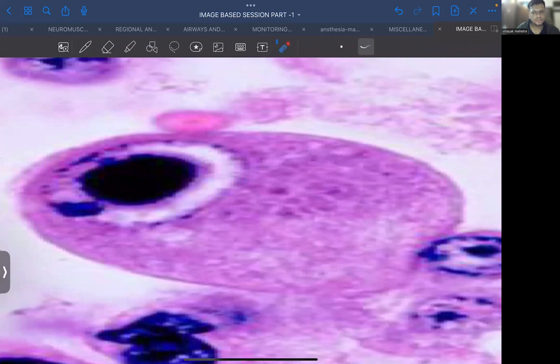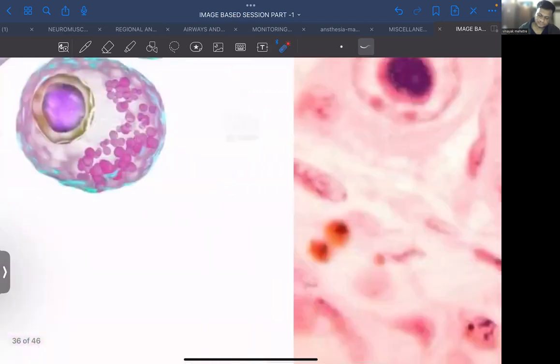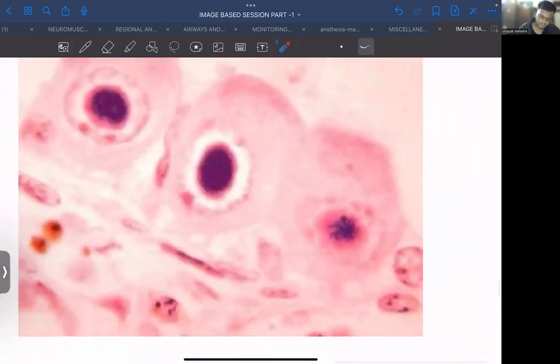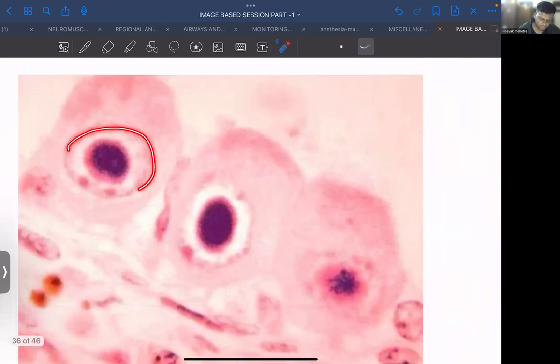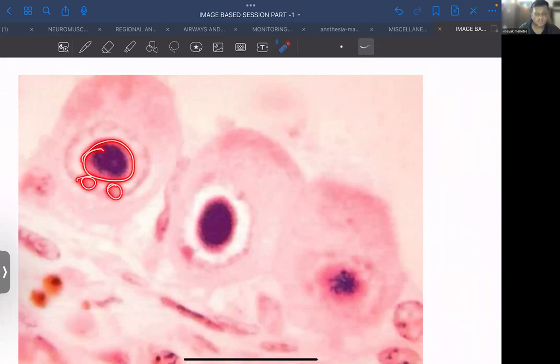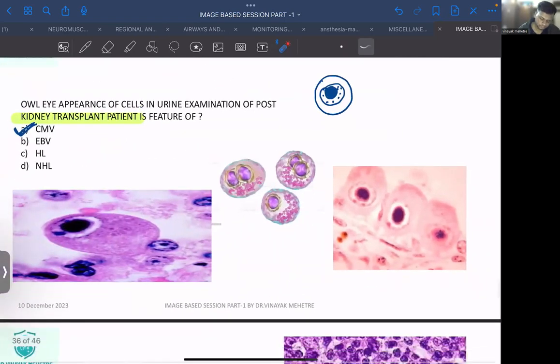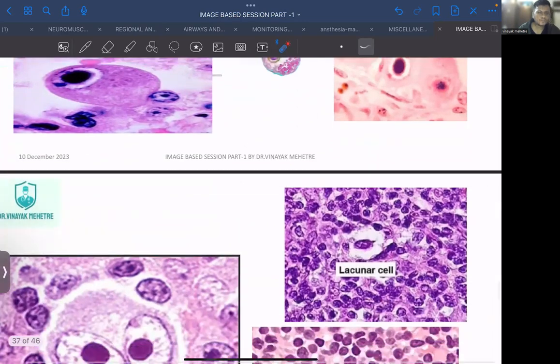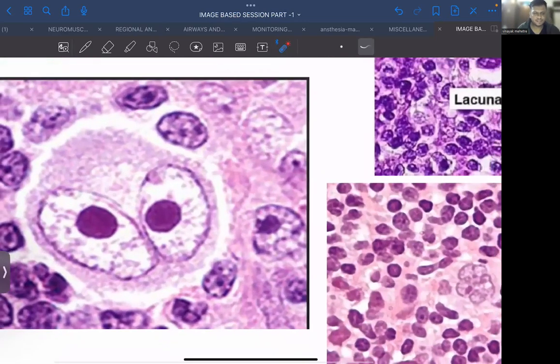किसमें मिलेगा? साइटोमेगालोवायरस. ठीक है? Nucleus, big dot, and small dots. Answer is CMV. Okay. This is your Reed-Sternberg cell.